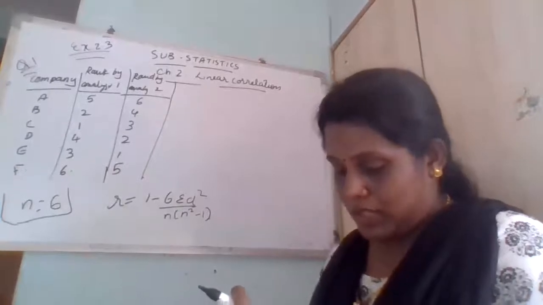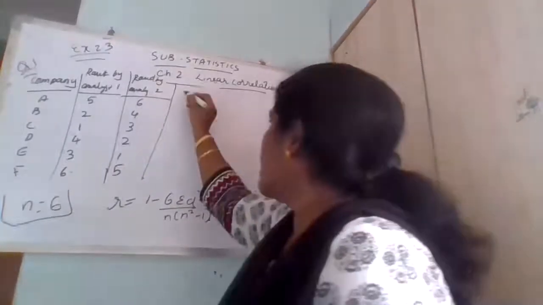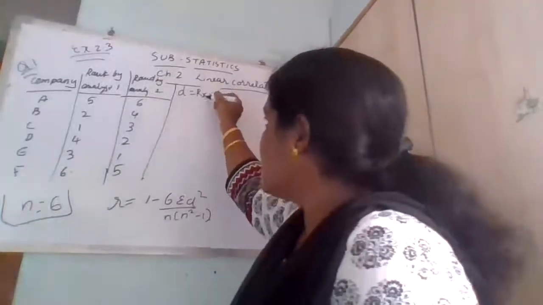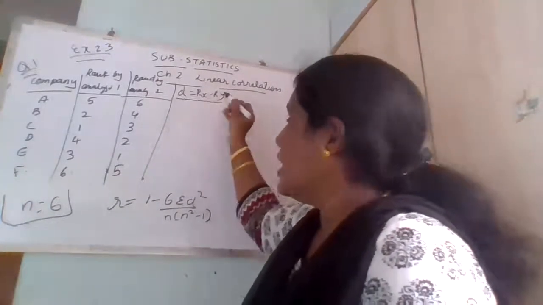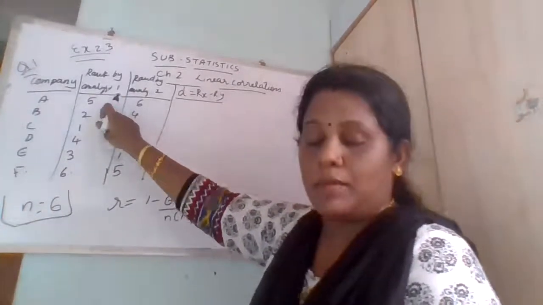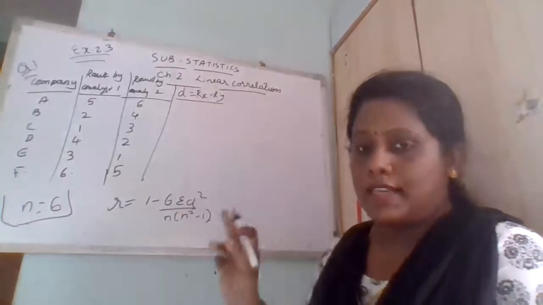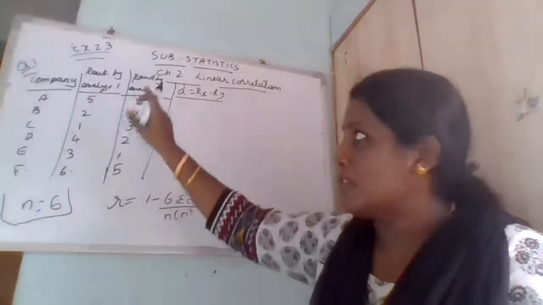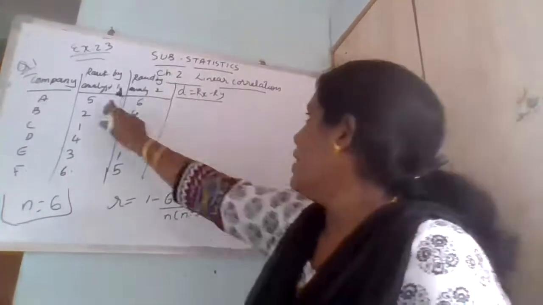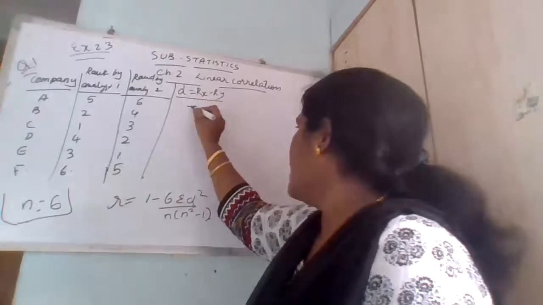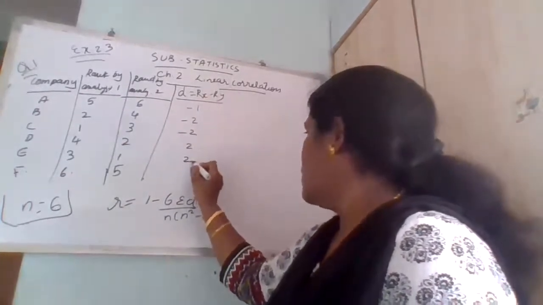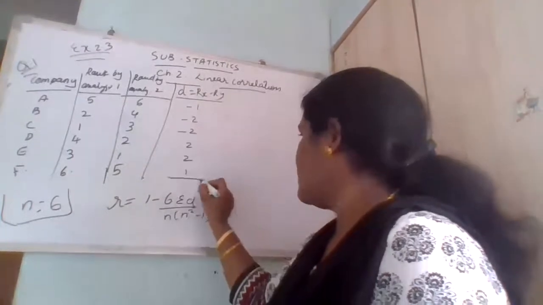So first column is of d. What is d? d is Rx minus Ry. Rx means rank of X; the first column is always X and the second column is Y. Here first column is rank of X and second column is rank of Y. So Rx minus Ry is 1, minus 2, minus 2, 2, 2, and 1.